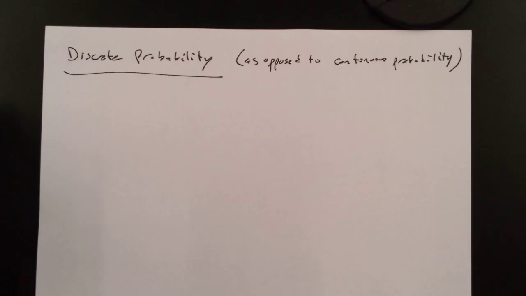How likely or unlikely an event is to occur is the definition of our idea of probability.